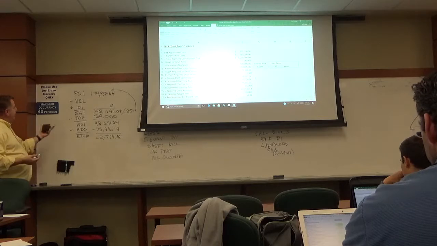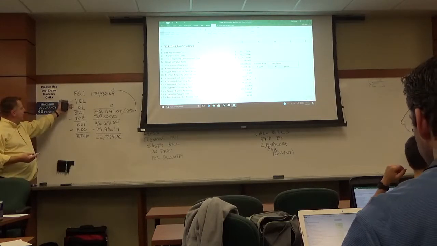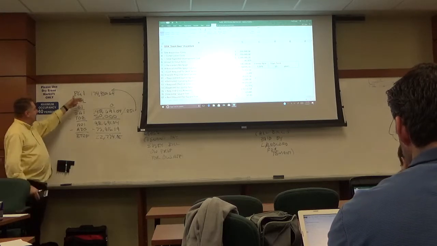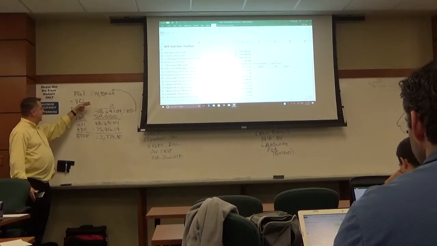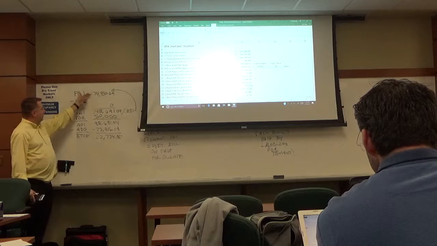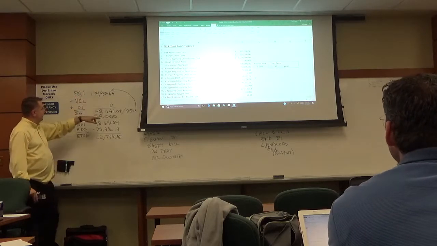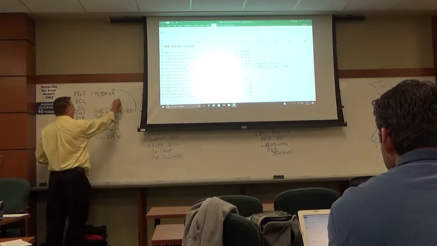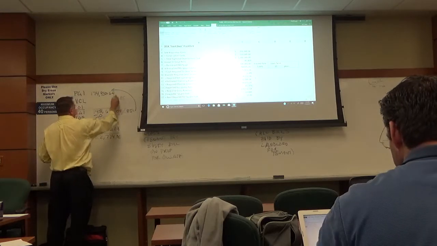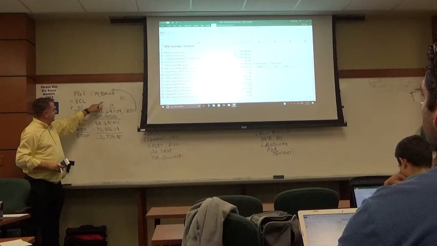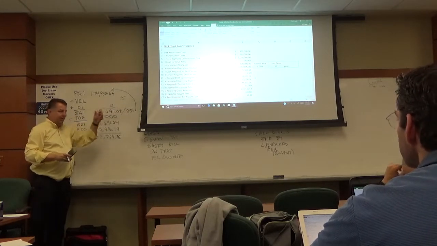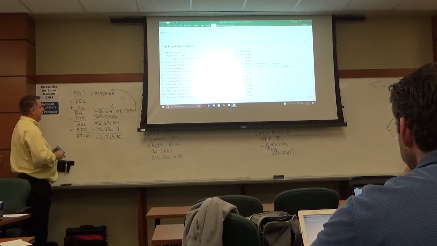Now, if we wanted to find out what the actual vacancy and collection loss was, we can approach it one of a couple of ways. One, we can simply take this minus this, and that's going to give us that. Or we can simply take this times 0.15, because the vacancy and collection loss is 15%, the occupancy is 85%, so it's obviously 1 minus the occupancy rate.